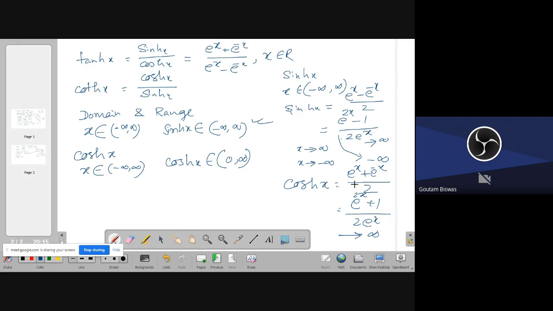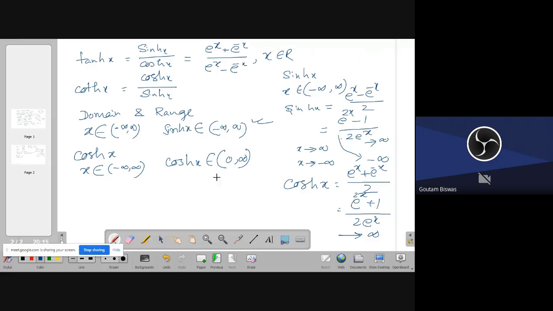But for negative values, what is the negative value of this? This will go to where? e to the power 2x will go to 0. Where will it go?